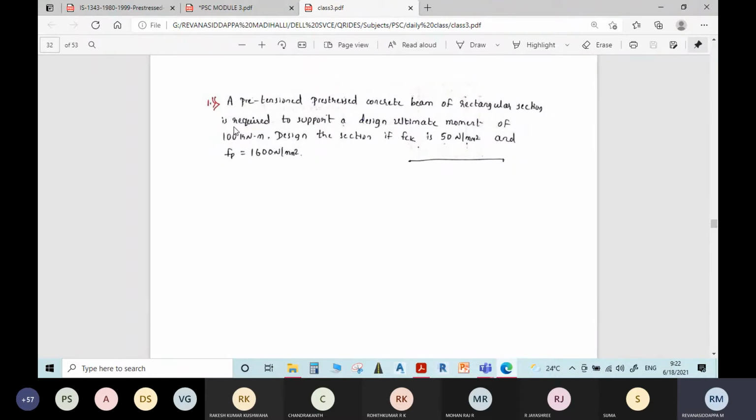We have to design the section by taking grade of concrete as 50 Newton per mm square and grade of pre-stressing steel as 1600 Newton per mm square. This is the data given.